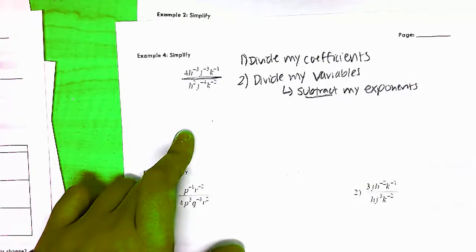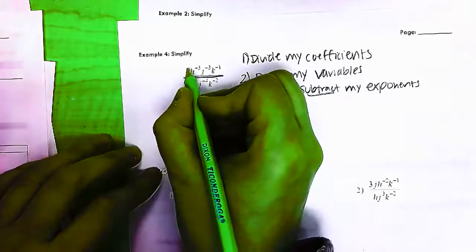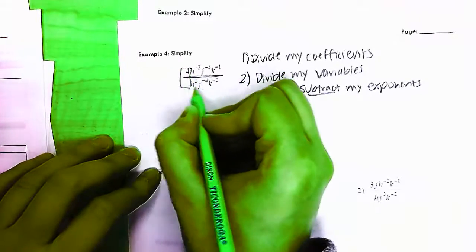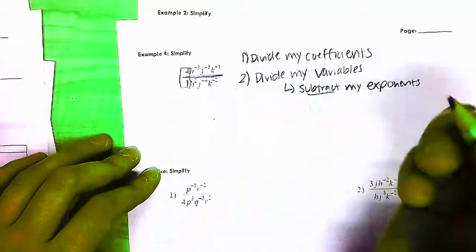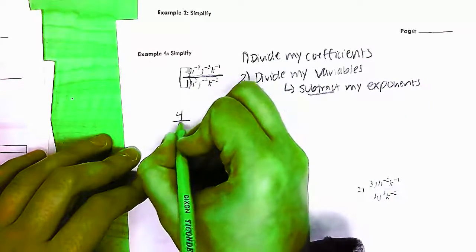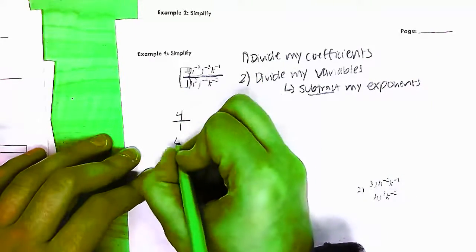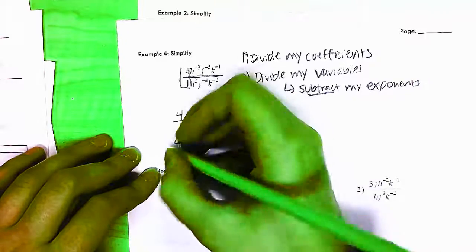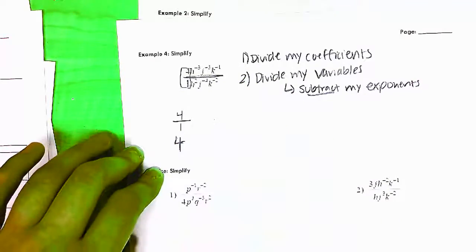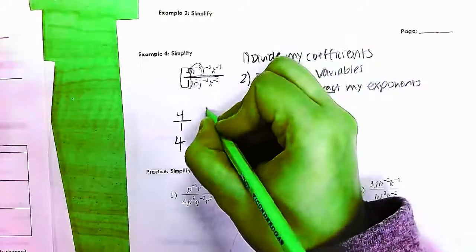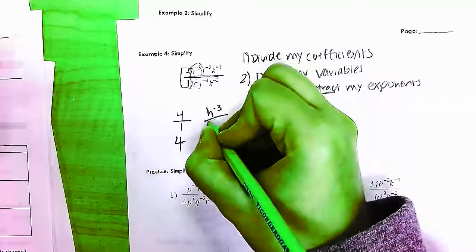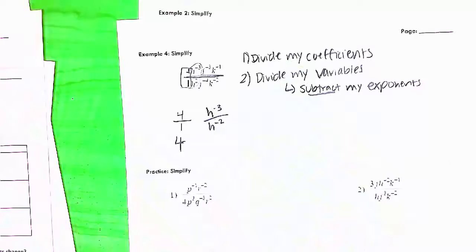Good. So let's take it one step at a time. I'm going to look for my coefficients. If I don't see a coefficient, my invisible number in front of my variable is a 1. So I'm going to do 4 divided by 1. That gives me 4. So I know my coefficient is going to be a 4. So next, let's look at these h's. So I had h to the negative 3 over h to the negative 2.